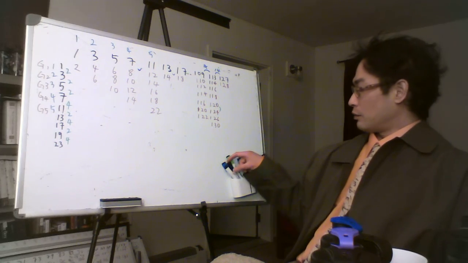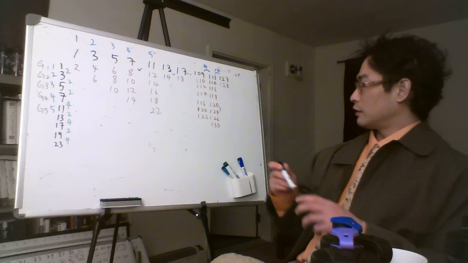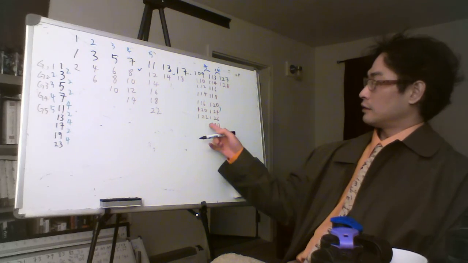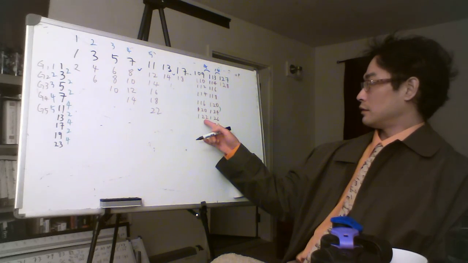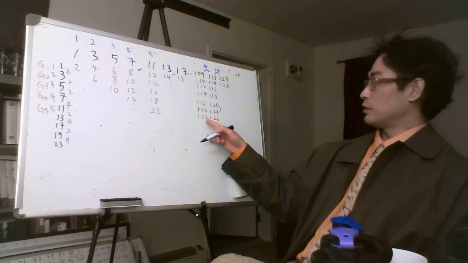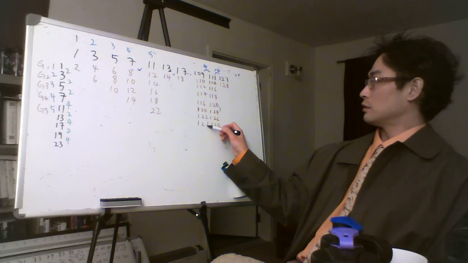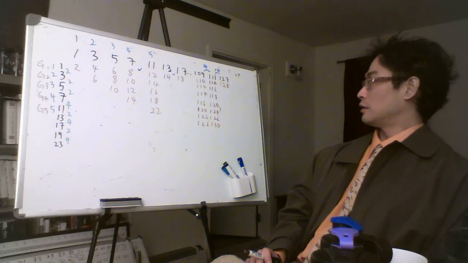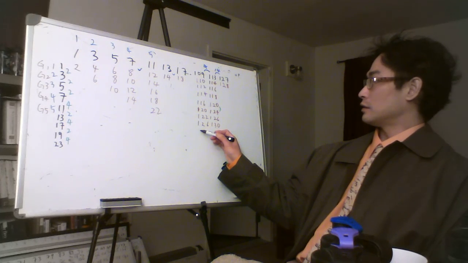Well, let's add up some more numbers here. That's 11 plus 109, 13 plus 109, and 17 plus 109. So we add 4, 1 to 6. Then 90 plus 109, we add 2, so 1 to 8.